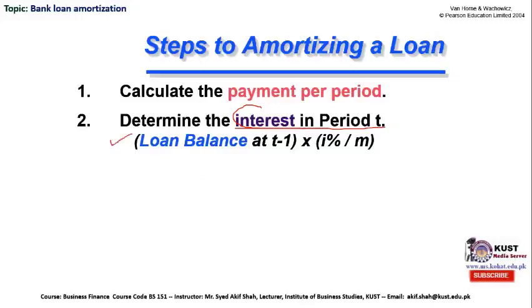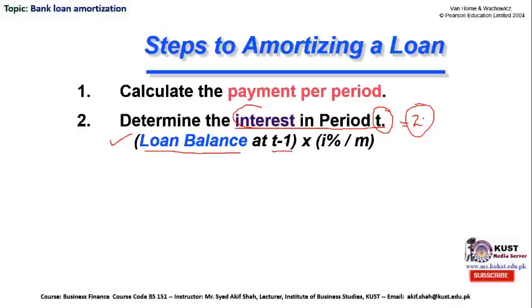The formula for calculating the interest payment along with the principal reimbursement uses the loan balance, meaning the remaining loan amount she is going to pay to the bank at T minus 1. If at any particular time, let's say T is equal to 2, that means at the end of the second year, how much interest she is going to pay to the bank.